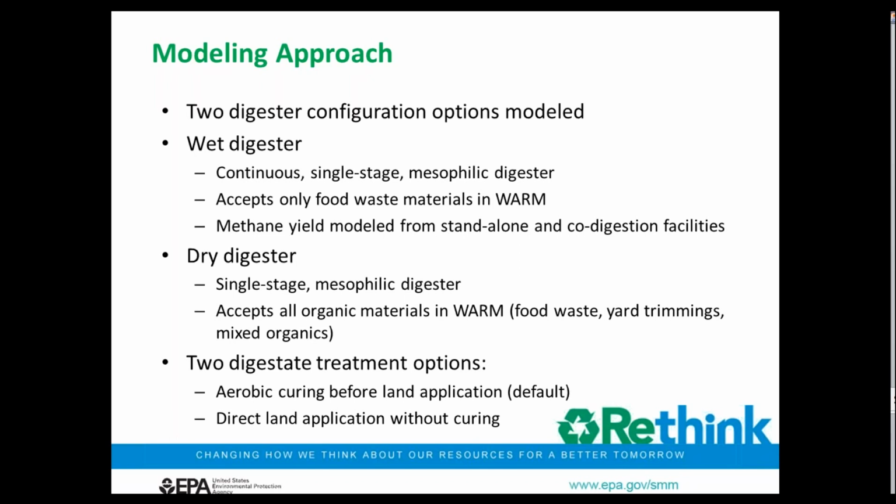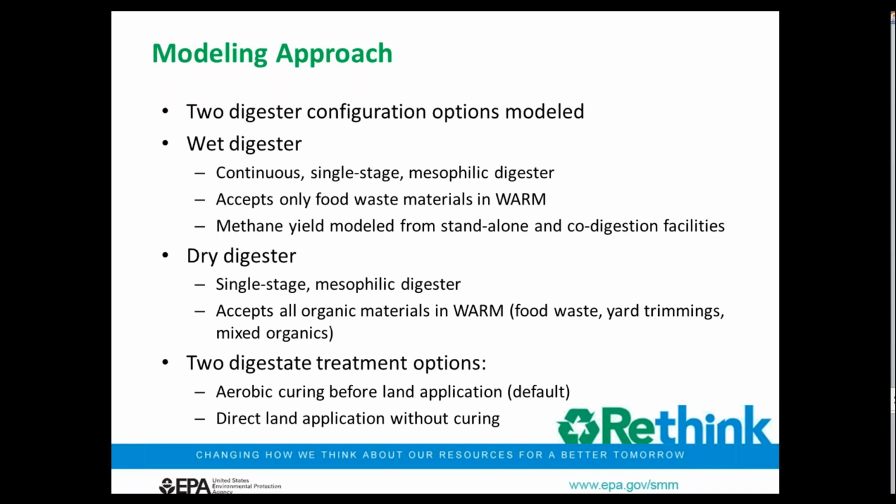The methane yield that we assume for a wet digester is based on data from both standalone and co-digestion facilities. So in our analysis, we assume the greenhouse gas impacts from the digestion of the individual materials as if they were digested by themselves. Even if they were co-digested, we just look at the fraction of the municipal solid waste material that's being modeled.